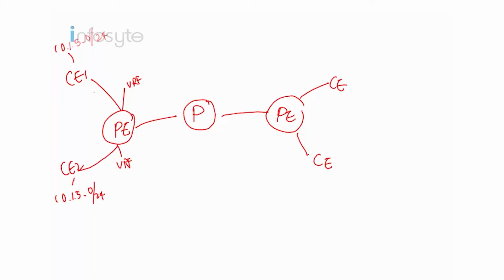But when the route information is exchanged to the P and the PE equipment on the other side, the VRF will not be able to distinguish the same route, because for communication between PE and PE we have to use the BGP protocol. When these two routes are imported into BGP, there is no difference.